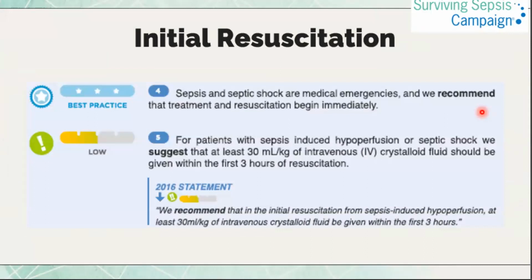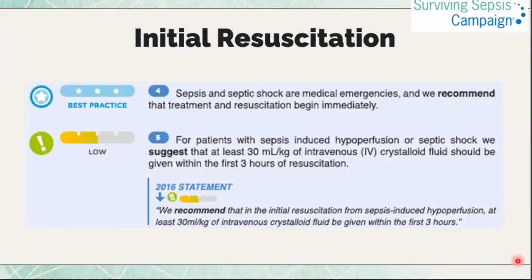So for initial resuscitation, sepsis and septic shock are medical emergencies, and we recommend that treatment and resuscitation begin immediately. For patients with sepsis-induced hypoperfusion or septic shock, we suggest that at least 30 ml per kilogram of IV crystalloid fluid should be given within the first 3 hours of resuscitation.